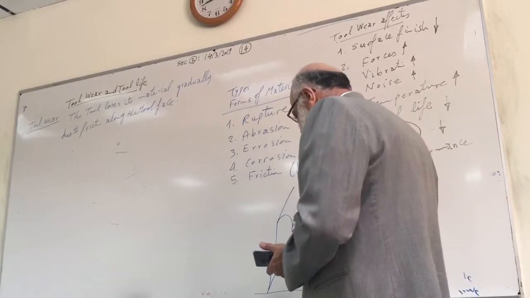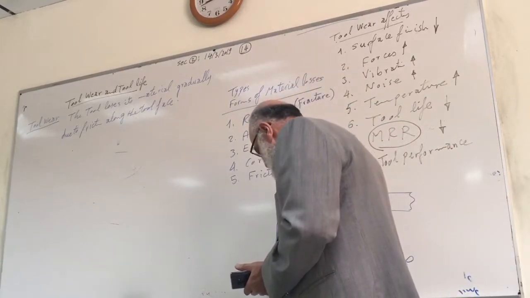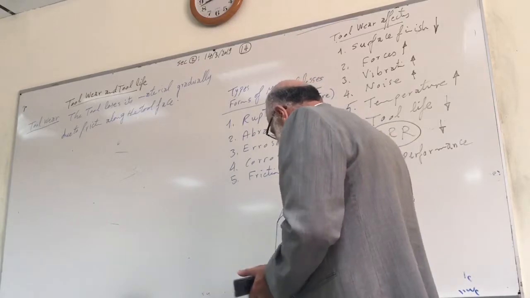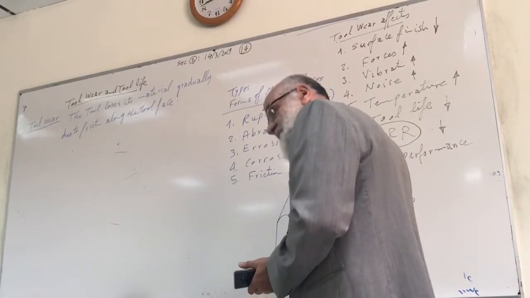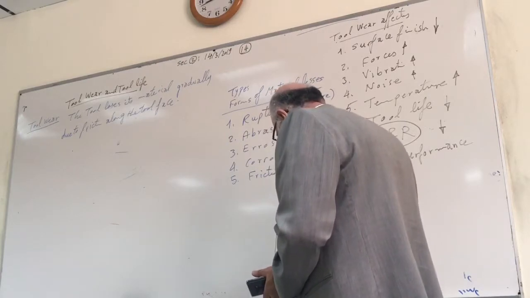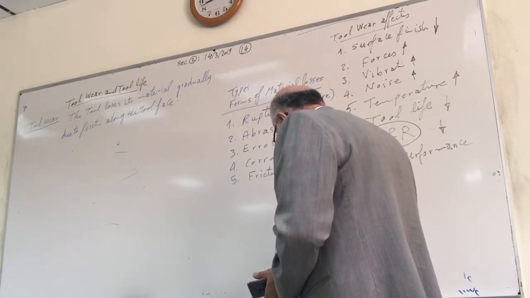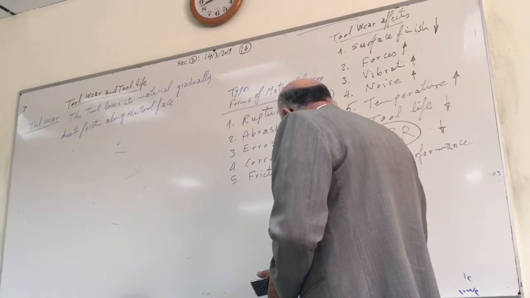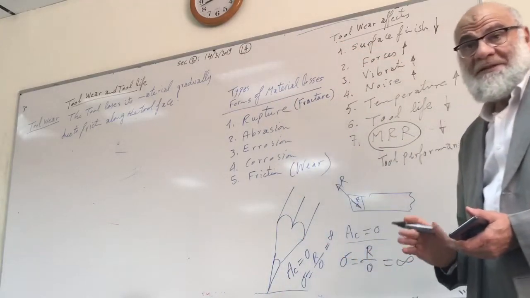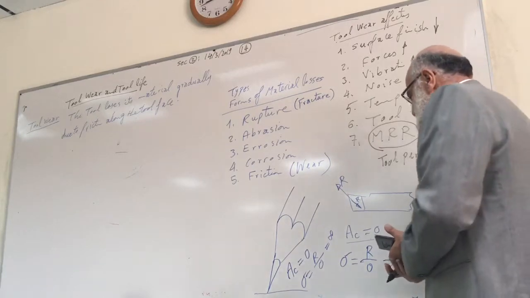At the beginning of touch, this tip will be broken. Why? Because at the beginning, the contact area is 0. The stress will be a force applied on 0, meaning infinite. Is it clear?